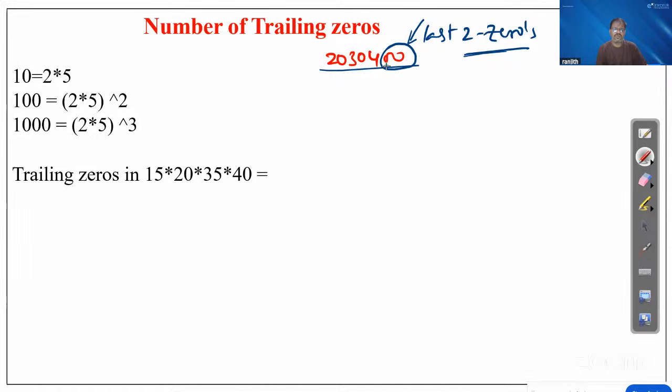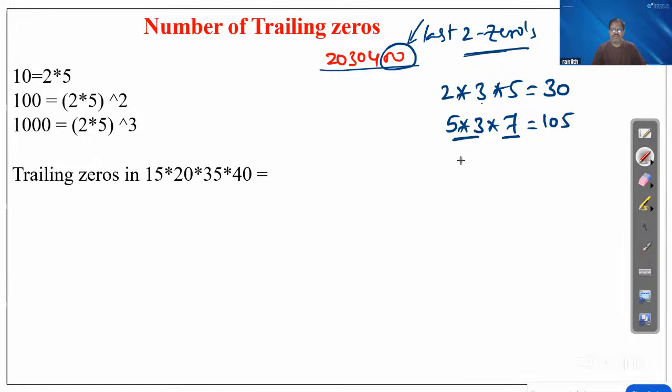So how do we find out? How are we getting trailing zeros? Just look here. 2 into 3 into 5: 2 threes are 6, 6 fives are 30. And next, 5 into 3 into 7: 5 threes are 15, 15 into 7 equals 105.